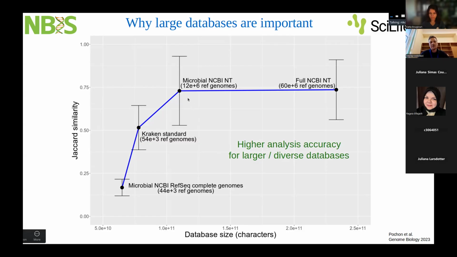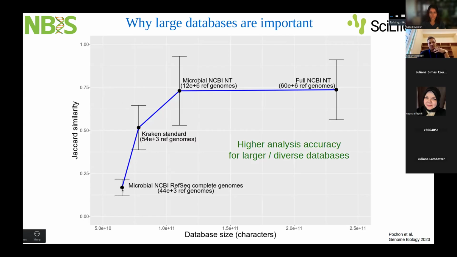That's why there was some sort of saturation here, because microbial NCBI-NT was almost identical to the full NCBI-NT. Adding eukaryotic DNA to the database did not improve the accuracy of ground truth reconstruction because the ground truth was microbial. So adding eukaryotes did not improve this. That's why there was this saturation.